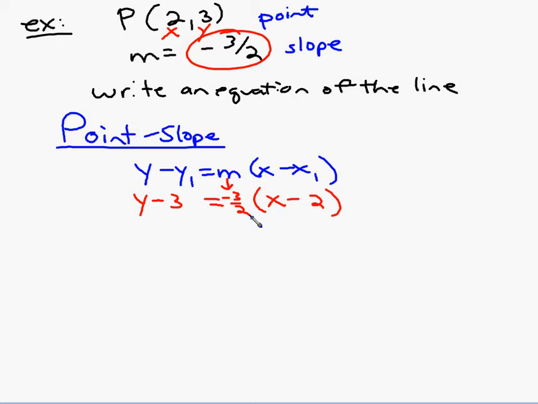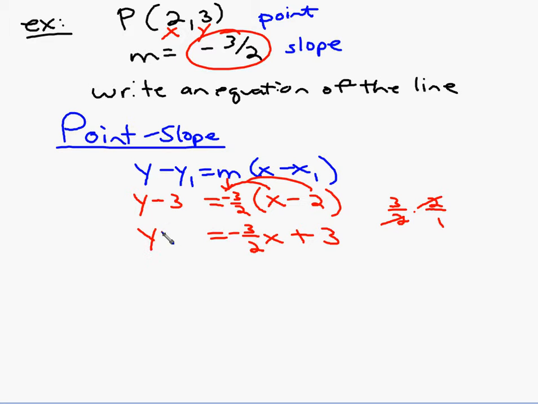Now, what would I do if I wanted it to be in another form, like slope-intercept form? I have some algebra to do. I would need to do the distributive property, which would give me -3/2 x plus whatever 3/2 times 2 is. I don't need a calculator for that. I can see that that is 3.